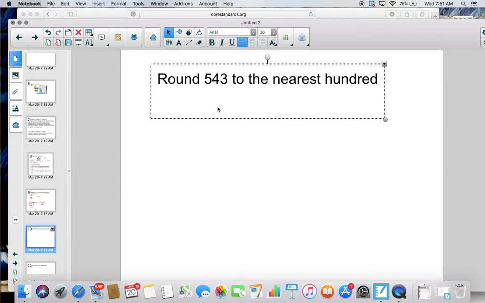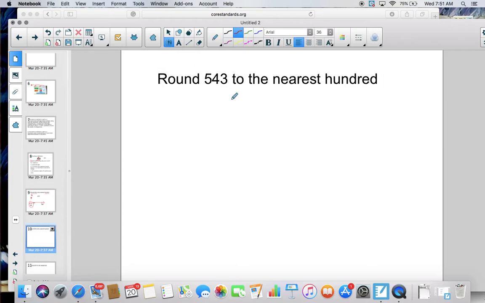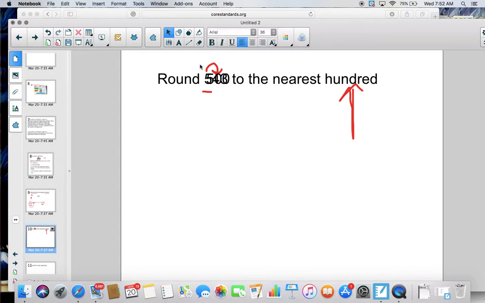Round 543 to the nearest 100. Click pause, try it on your own. Welcome back. Did you write this down and underline the 100? Did you look next door? Notice that it's a 4, so this number would round to 500.